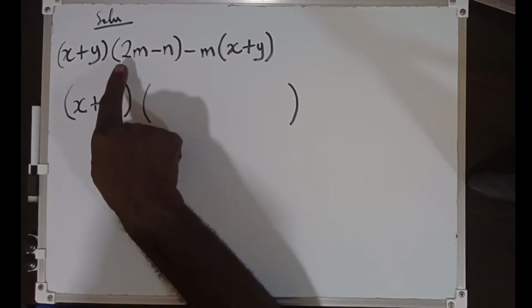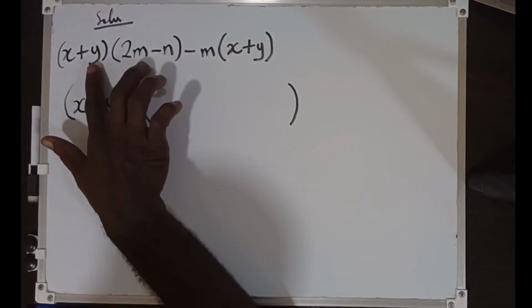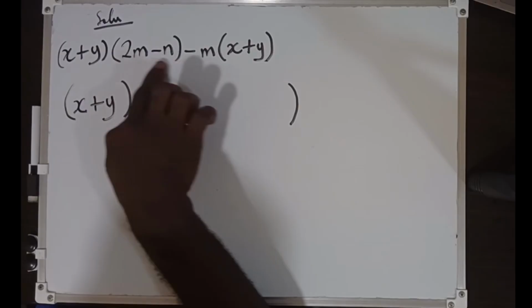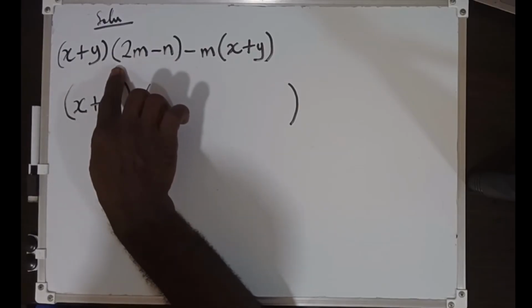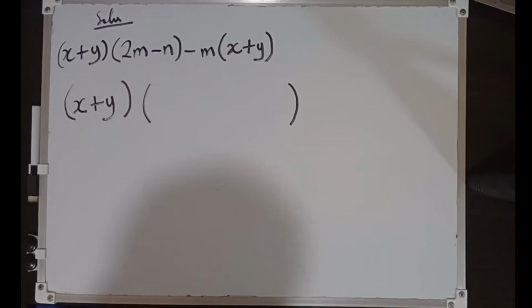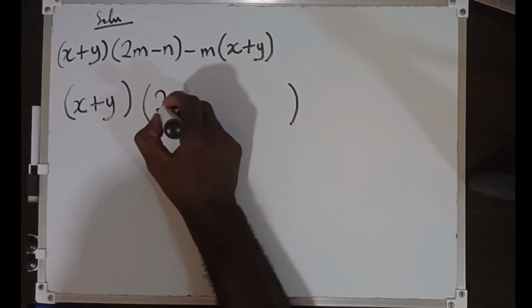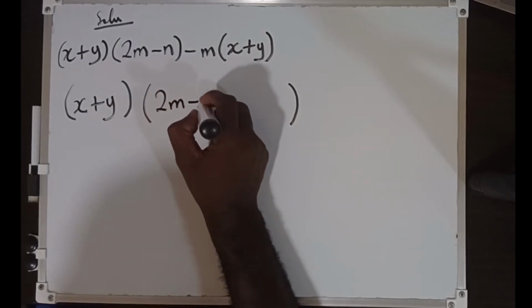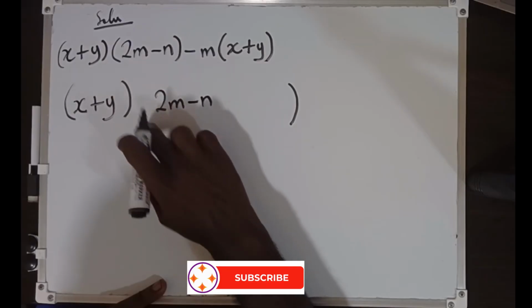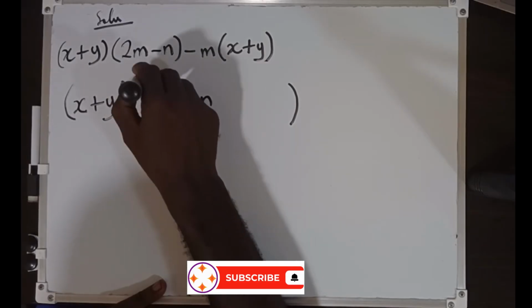Okay. So when I take (x + y) outside from the left hand side, what will be left is what? 2m - n. So let me even make this a square bracket.